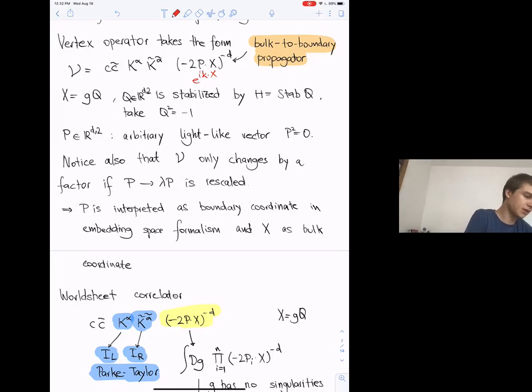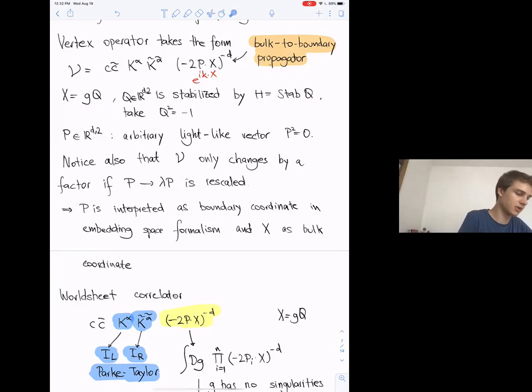The field that I called X here is just a particular combination of this group valued field g, so it's g acting on some vector q. And q is defined to be the vector such that H is the stabilizer of q. H is SO(D,1) and G was SO(D,2), so there's precisely one vector that is fixed by that subgroup.